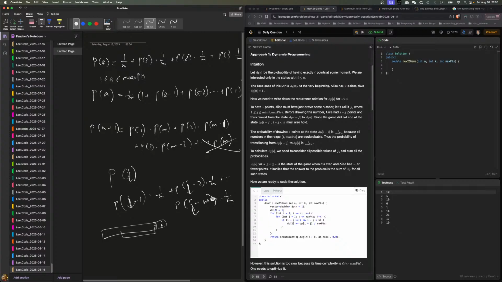Right, so it's just a window, minus 1 all the way to minus max. Okay, so we can handle this part.